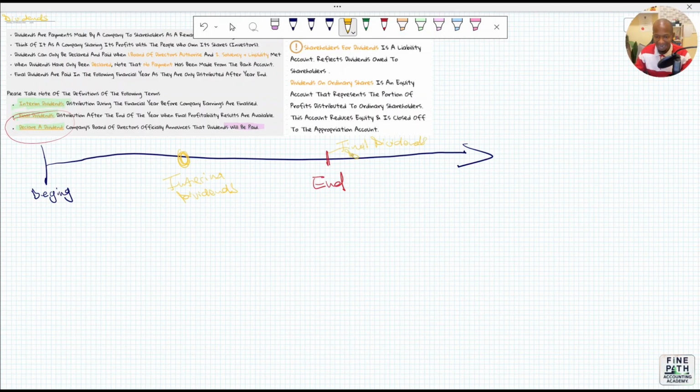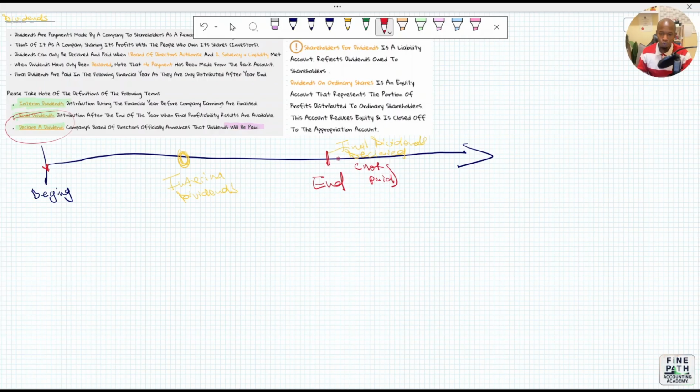But these are declared, not paid. So very much important. Let's have in our brackets, not paid, right? So again, this will be our beginning of the year, and then during the year there will be interim dividends made, or paid, and then at the end of the year, because the company now knows how much profits they have made, if they are generous enough, they would tell their shareholders that, okay guys, we will pay you final dividends of this much after a certain period of time.